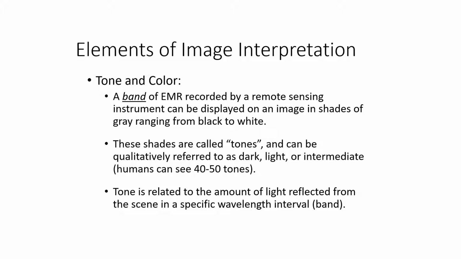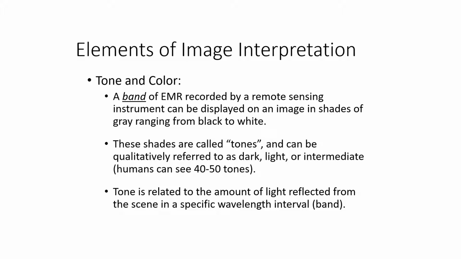Another thing we talk about is tone and color. A band of electromagnetic radiation recorded by a remote sensing instrument can be displayed on an image in shades of gray ranging from completely black to completely white. We call those tones. We have the ability to see about 40 to 50 tones.